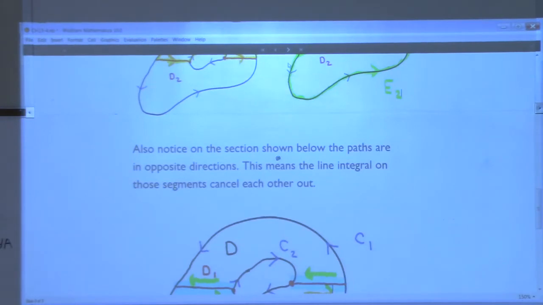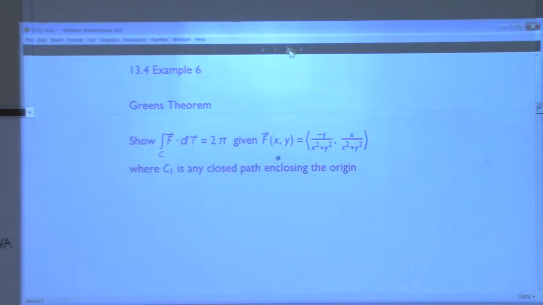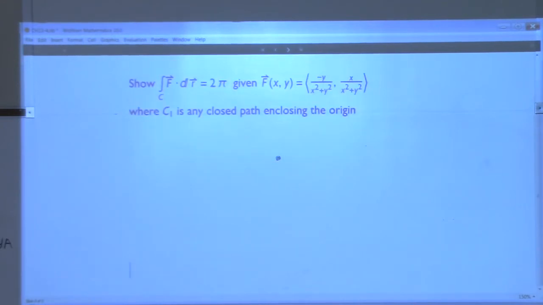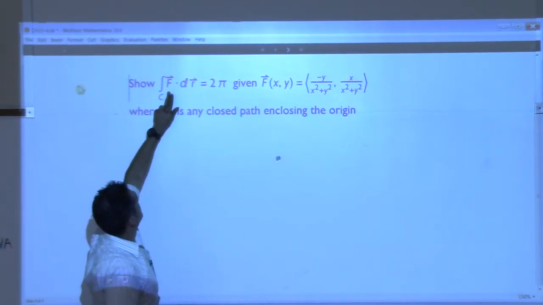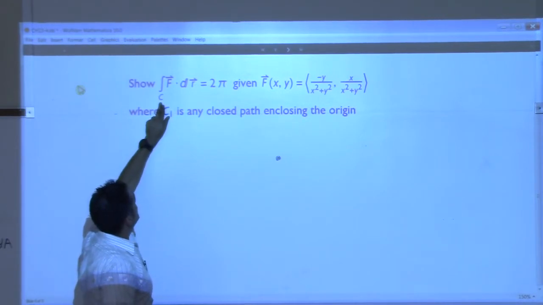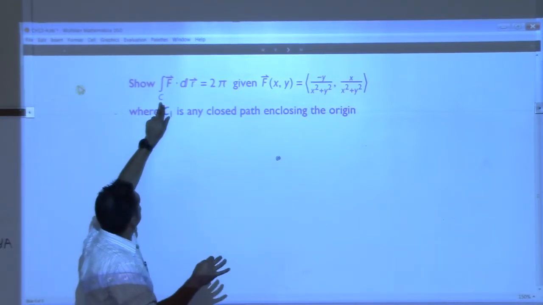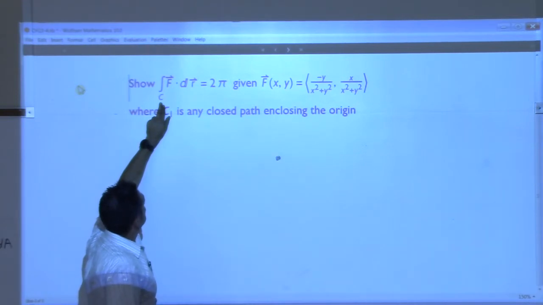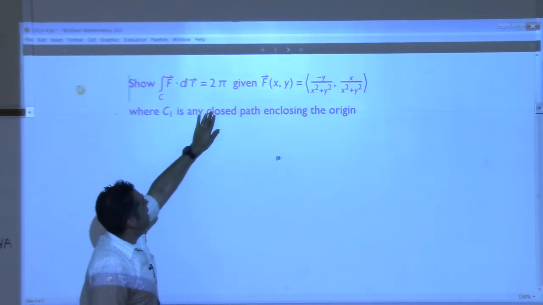Here it is. I really like this problem. Show that the work done by the field F over the curve C, or as you move something along the curve C, is always equal to 2 pi.